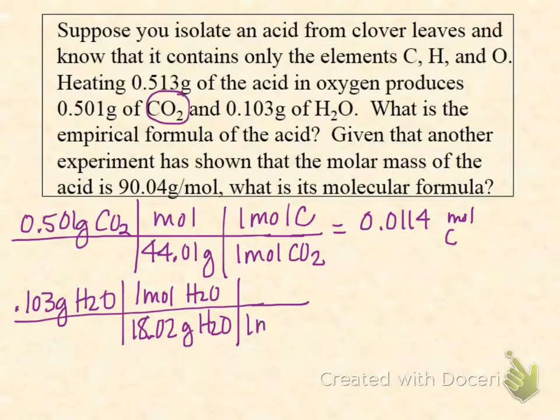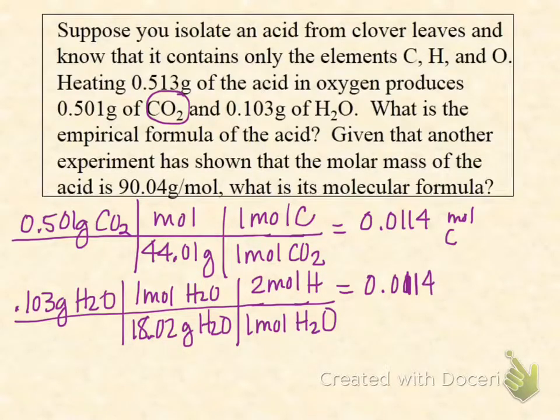For every 1 mole of water, how many moles of hydrogen do I have? 2, because of that little subscript, so 2 moles of hydrogen. And looky there, I get the same answer, 0.0114 moles of hydrogen. So I have my moles of carbon and my moles of hydrogen. How can I calculate how much oxygen I have?